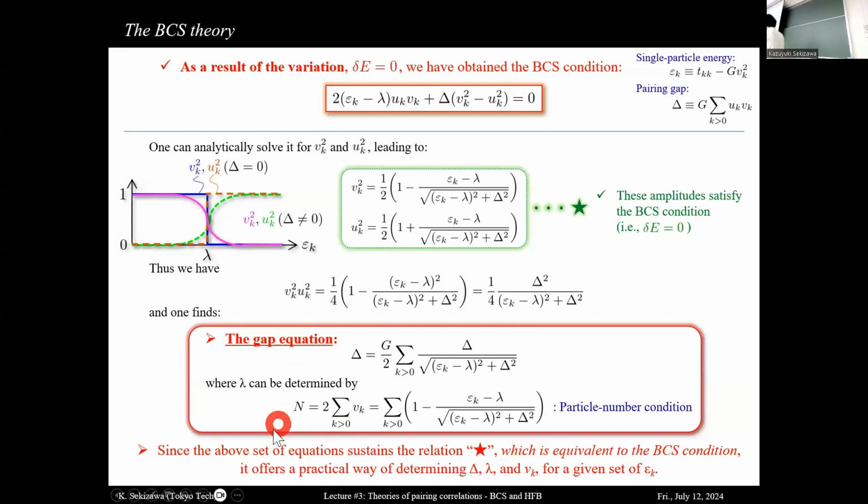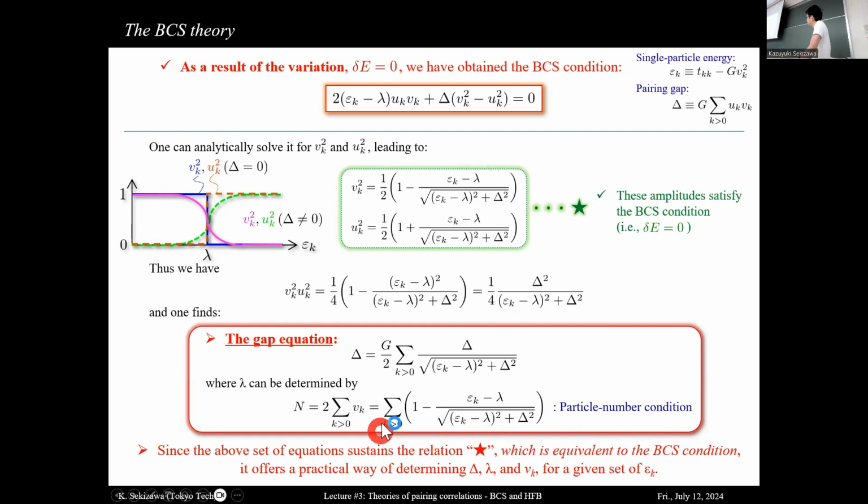As we derived, the particle number expectation value can be given like this, and here it should be Vk squared. You can use the equation here and here, so you can solve those two equations simultaneously.